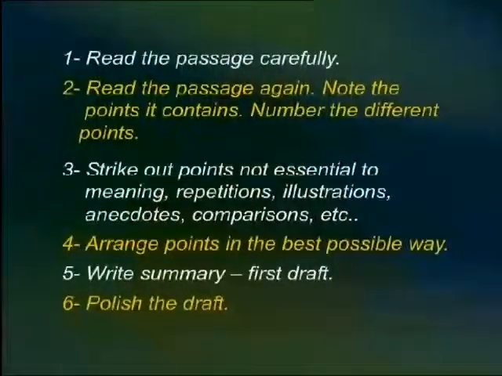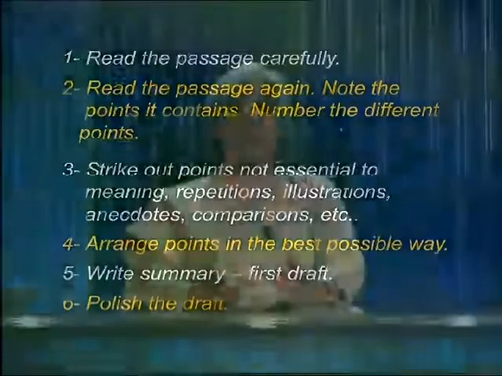The third thing is, when all the points have been numbered, go through them and strike out those points that are not essential to the meaning. You will find, it depends on the kind of passage, you may find that there are repetitions or redundant expressions. Redundant meaning something that is not relevant.